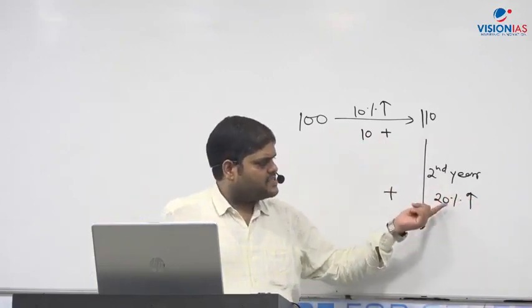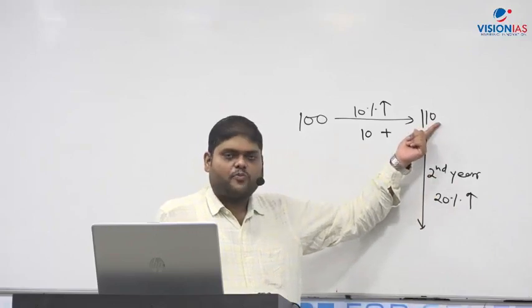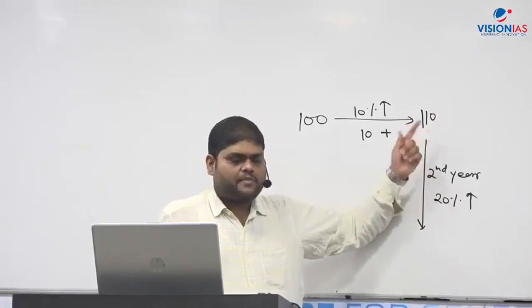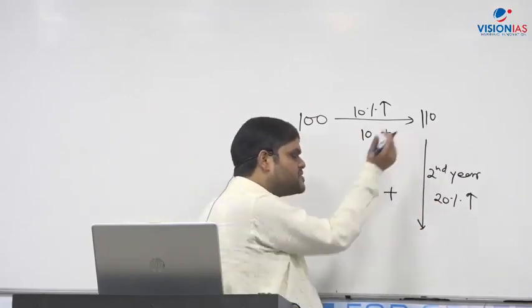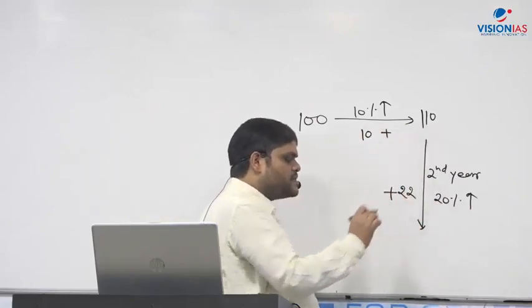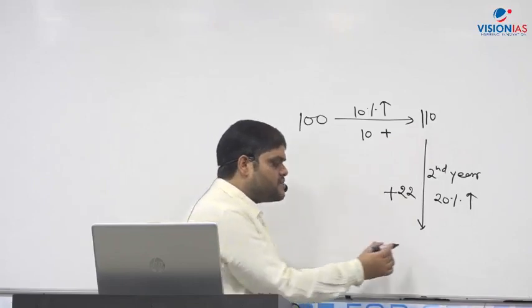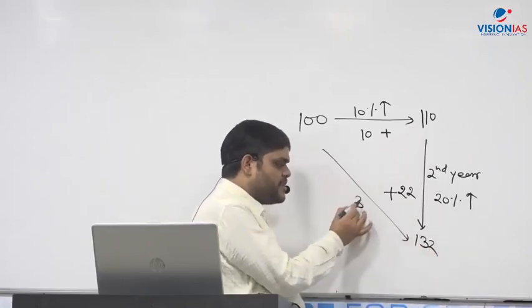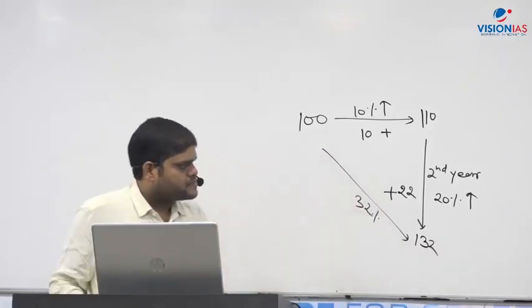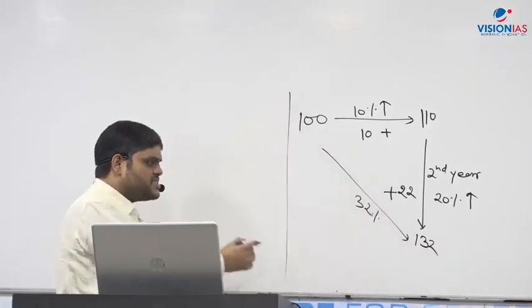If you increase this by 20%, 10% becomes 11, 20% becomes 22, and this becomes 132. So I can say total increment is 32%. This is one way to understand.